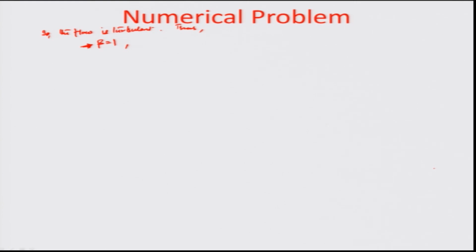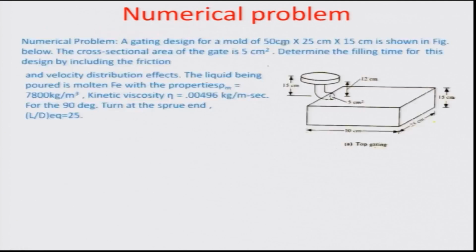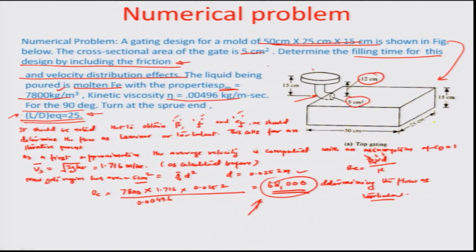Also, we need to find out what is going to be the EF value in this particular case with an area ratio A2 by A1 almost tending to 0. As you can see here, the area of the upper sprue right here is much bigger in comparison to the area 5 centimeters square of the gate or the sprue which is being talked about.